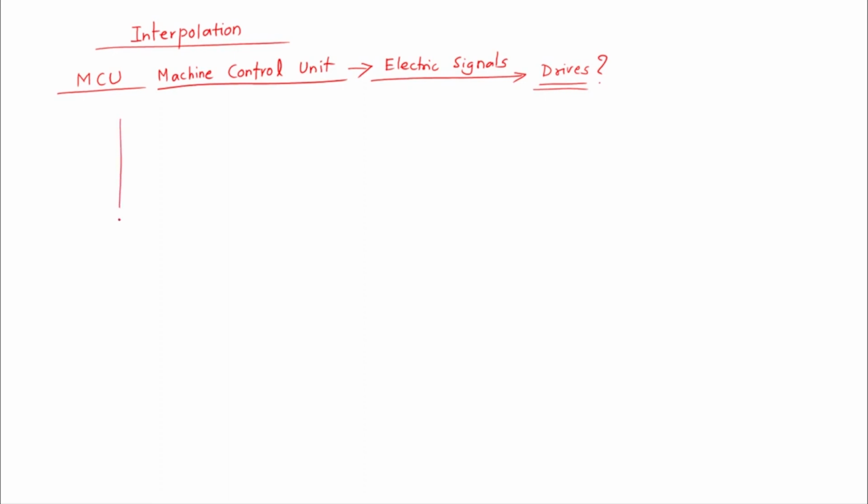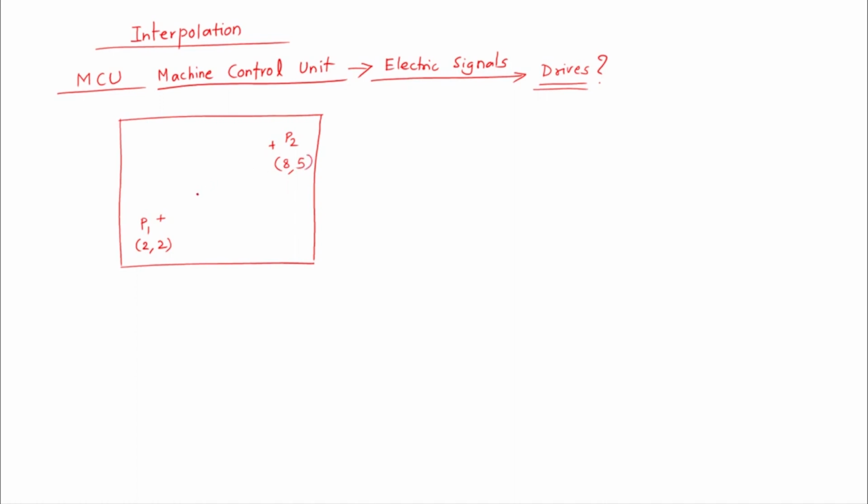So let us consider one example. We have a point P1. The location of point P1 is (2, 2), and we have another point P2 and its location is (8, 5).